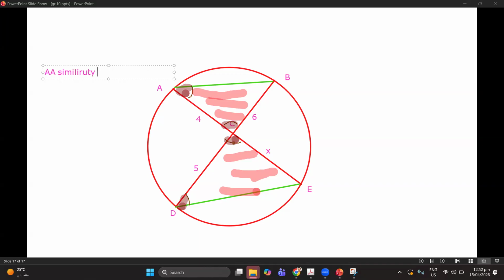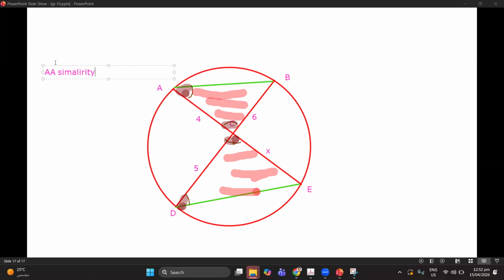Teacher, but shouldn't it be AAA, not two angles only? Miss, there's no AAA. Why? Because the third angle will be equal by default.